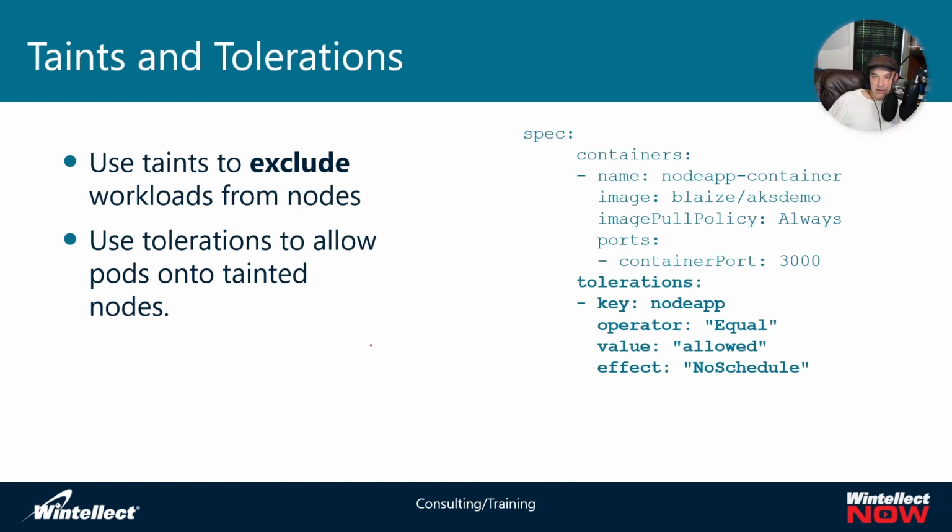Nodes that are tainted require that the workload have a toleration defined so that they get distributed to that workload. So unless you define the toleration, it will try to ignore those nodes for the workload that you have intended for that. Otherwise, it'll distribute it across whatever's available.